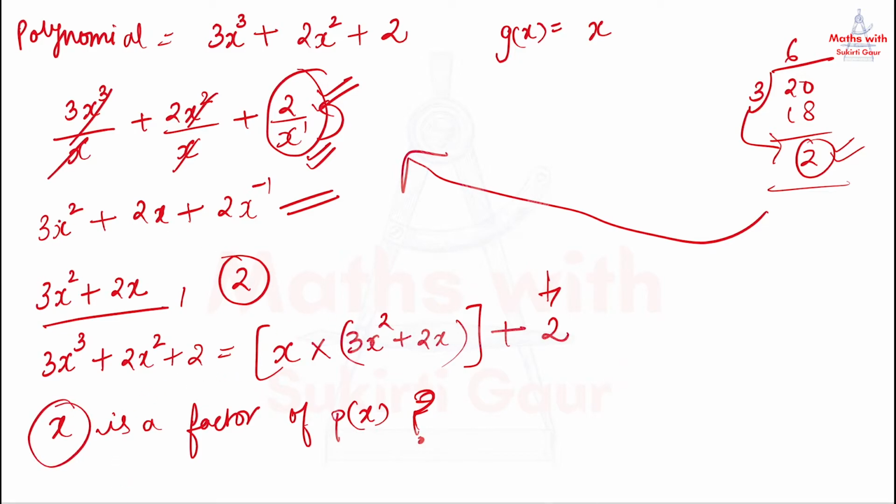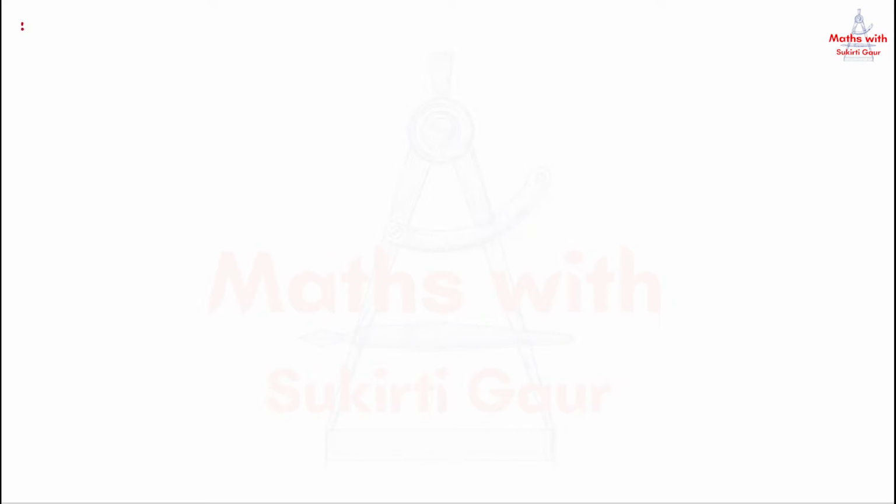That's how we will call this x as a factor. Alright, moving further. Now we will learn how we will divide a polynomial by a two-termed polynomial, which is also called binomial, or a non-zero polynomial. Okay, let us take a polynomial as 3x square plus x minus 1 and another polynomial x plus 1.